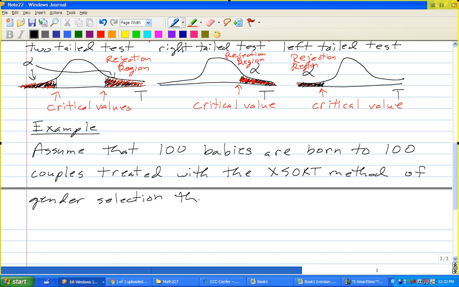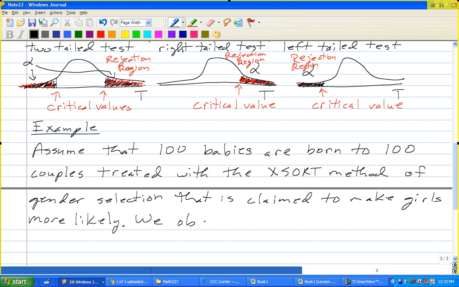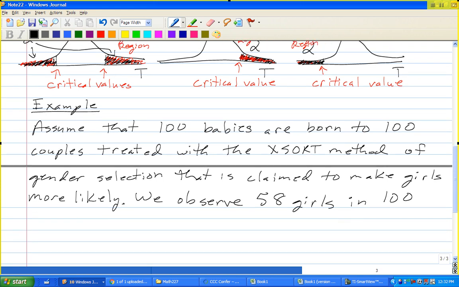that is claimed to make girls more likely. We observe 58 girls in 100 babies.